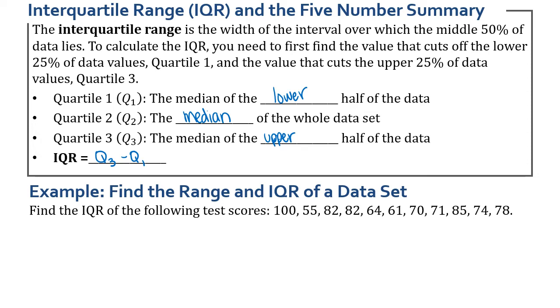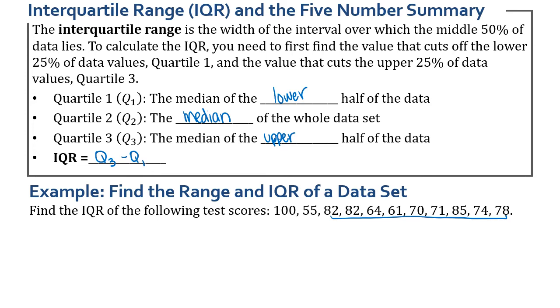Even just looking at 82 and 78, those are pretty close together. It's that 100 and that 55 that make the spread look a lot larger than, for the most part, it really is. So this is where the interquartile range is helpful in getting a better idea about the spread of the data.